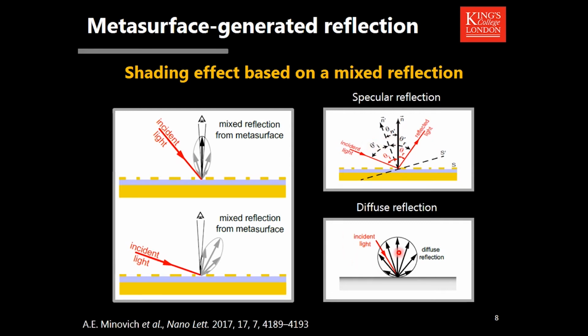The second part is a diffuse reflection in order to ensure a smooth change in brightness of the cube faces in response to the variation of the angle of illumination. And here the smooth variation of the shading is provided by the wide angular distribution of the diffuse reflection, which is actually crucial for the realization of this 3D effect.